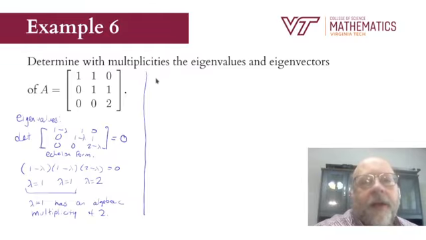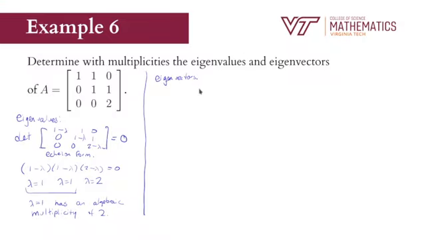All right. So now we will find the eigenvectors. Let's start with the eigenvalue that doesn't have the multiplicity. So when we plug in lambda equals 2, 1 minus 2 is negative 1. 1 minus 2 is negative 1 again.